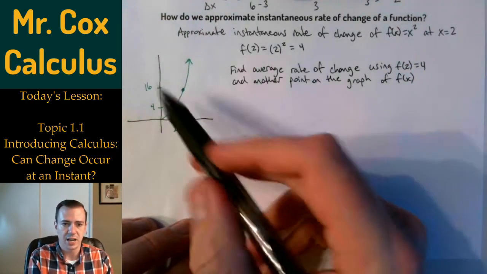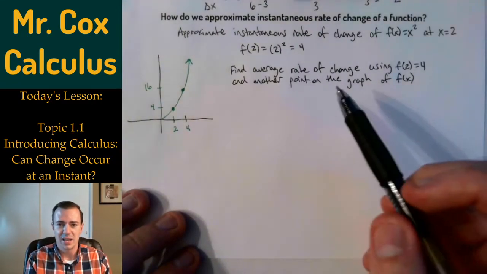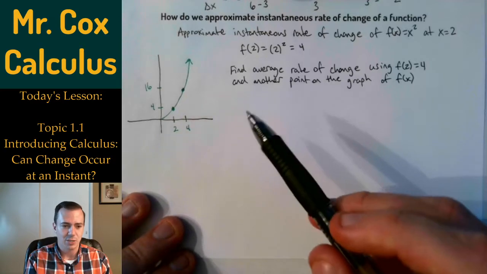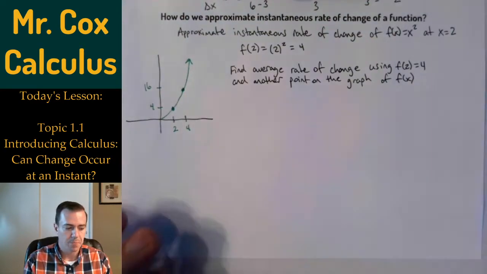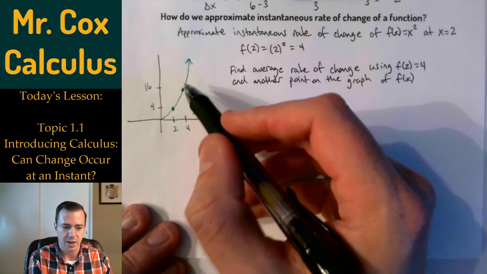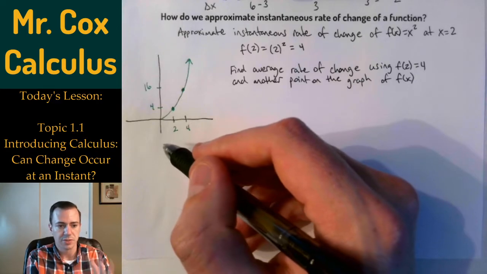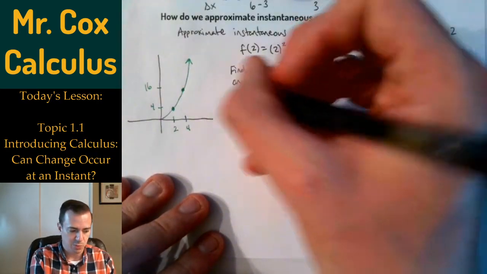And since I've already got the point 4, 16 labeled, that'll be the point that I use to figure out what the average rate of change is over 2 to 4. And so what we're going to do is take these 2 points right here, and find the rate of change, or the slope, between these 2 points.